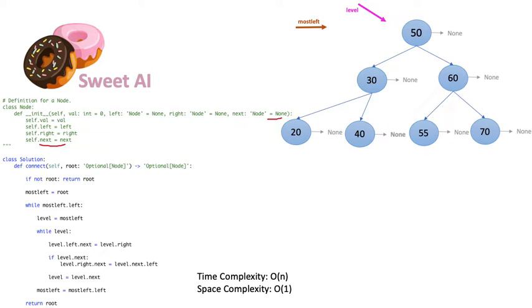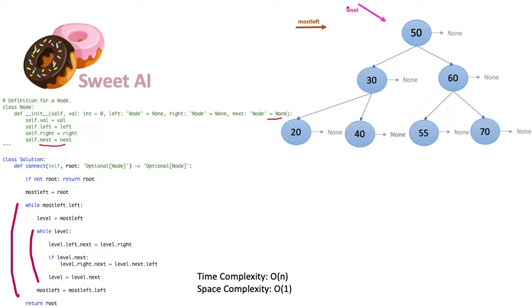So we are going to use two while loops. One while loop is for the most left pointer traversing the levels, and one while loop is for the level pointer, which goes over every single node in each level.